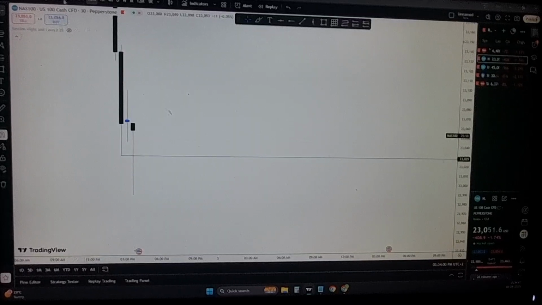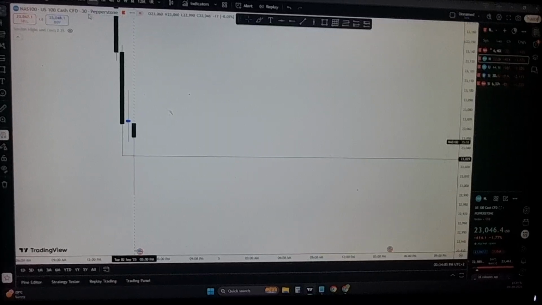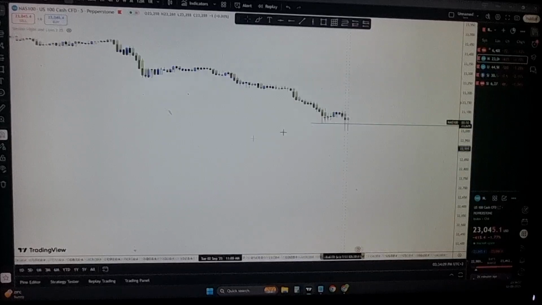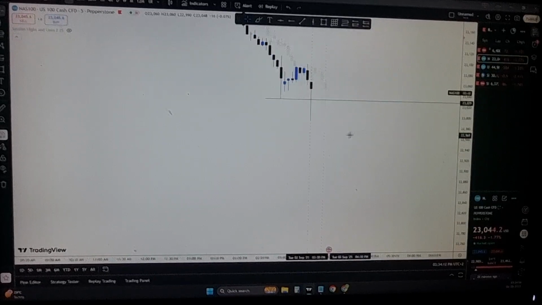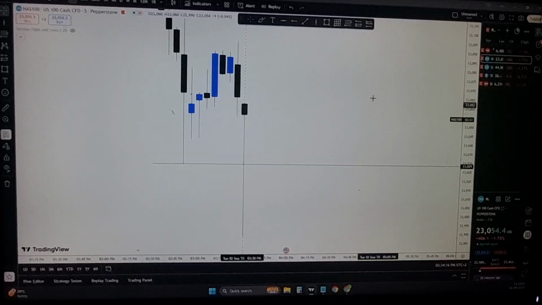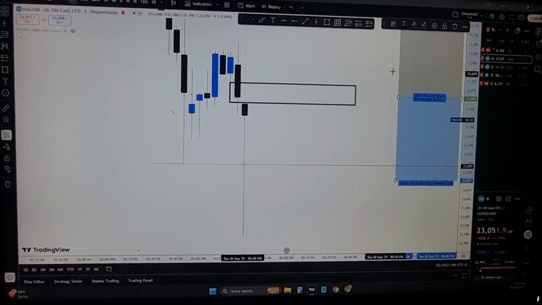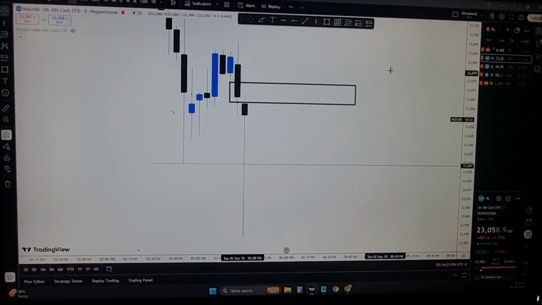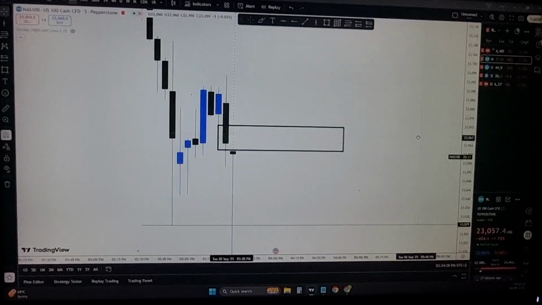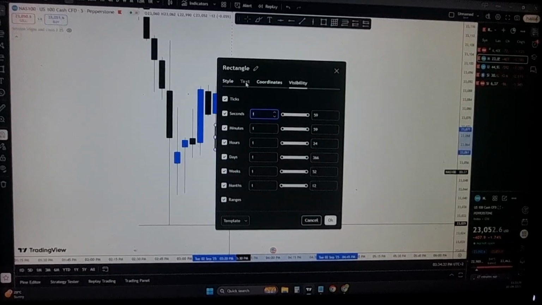Okay, as we can see, this low just got swept. We do have this imbalance, fair value gap. Let me just put some settings onto this.